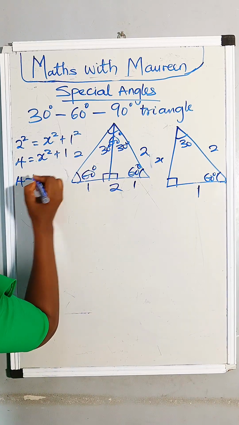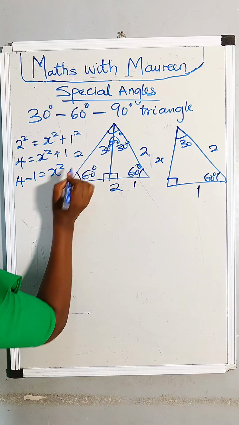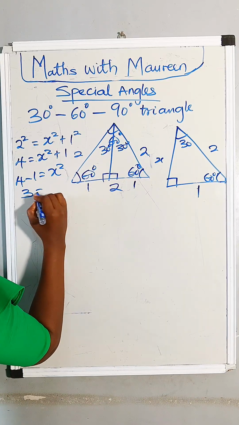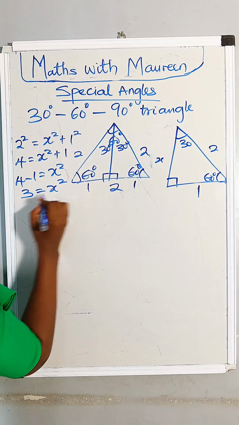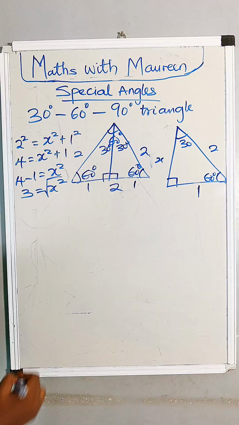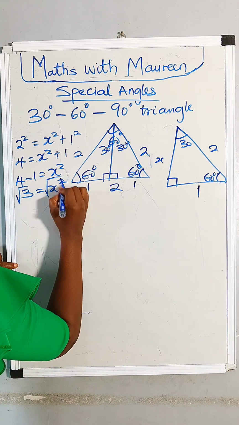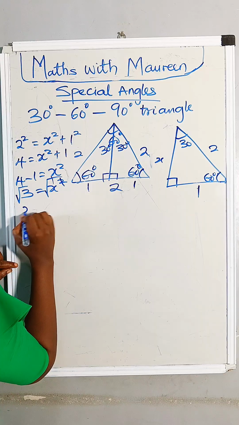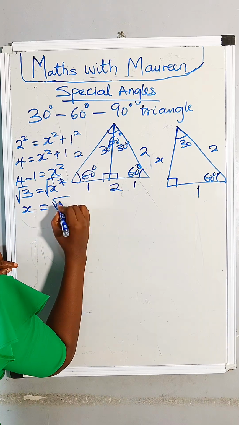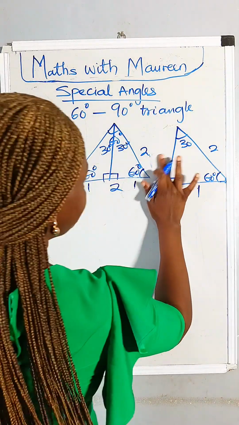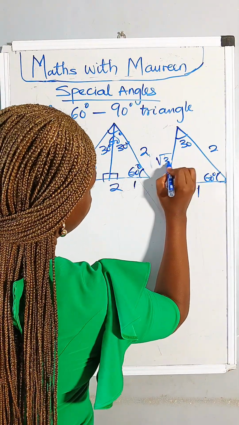So 4 minus 1 equals x squared. Then 4 minus 1 is 3 equals x squared. You take the square root of both sides to remove the square. So this will cancel this and we are left that x equals root 3. Okay, so this place is now root 3.